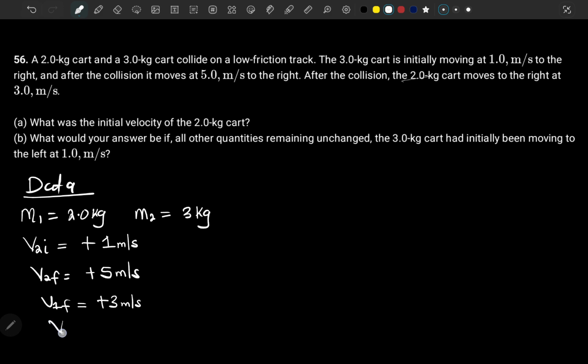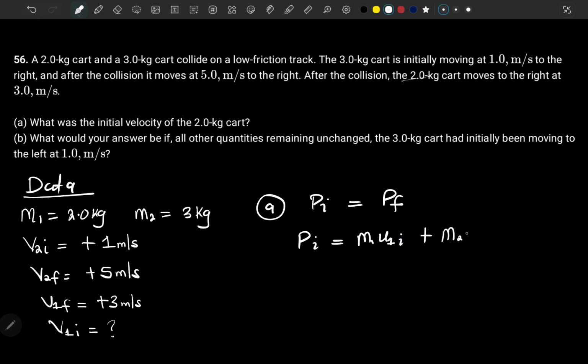So what we're looking at is V1 initial. That one, we don't know. That's where part A comes in. So we understand that the initial momentum should be equal to the final momentum. The initial momentum in our case is m1 multiplied by u1I plus m2 multiplied by u2I.